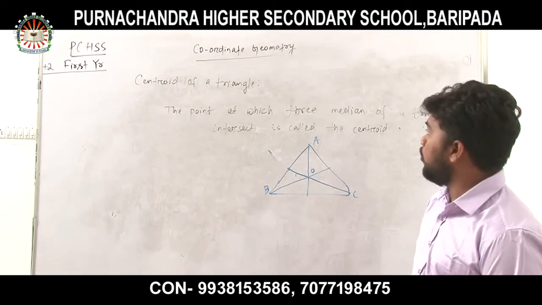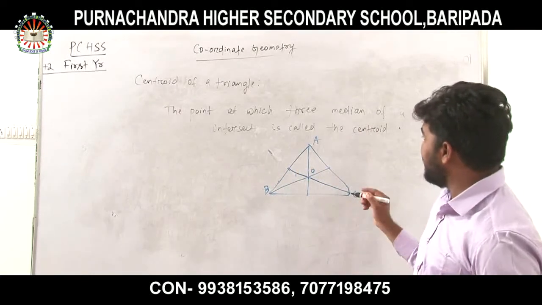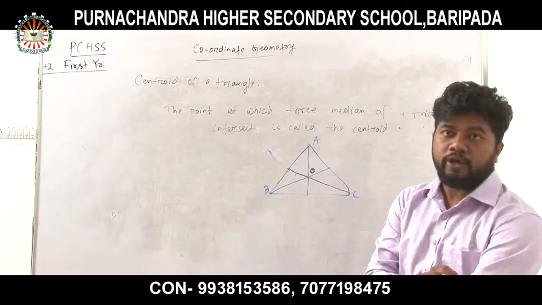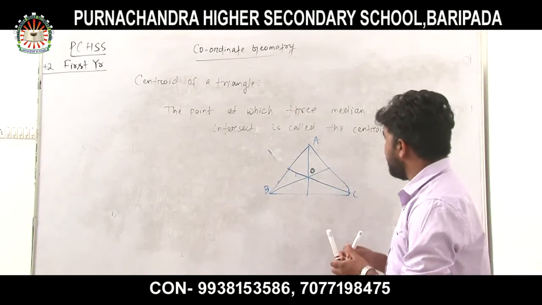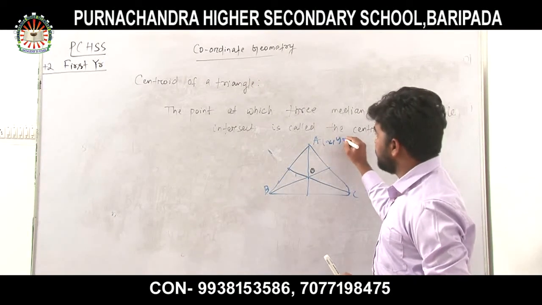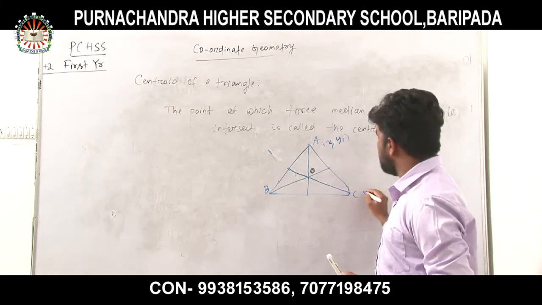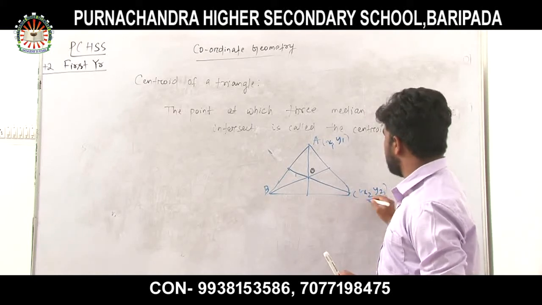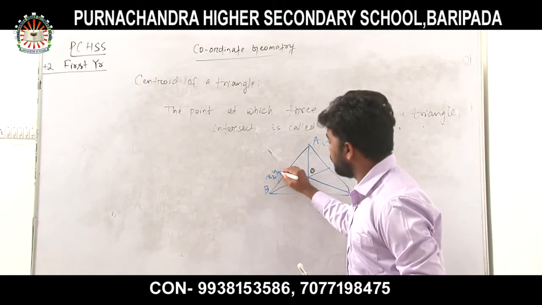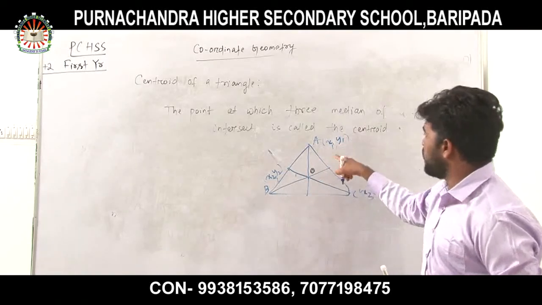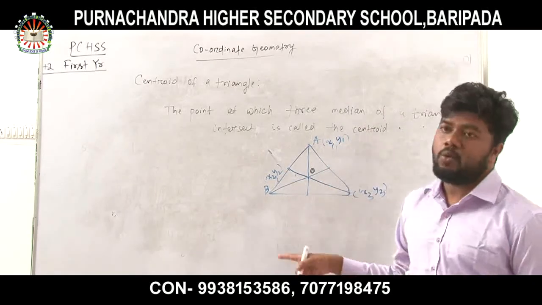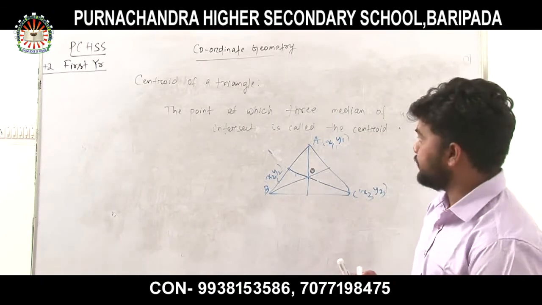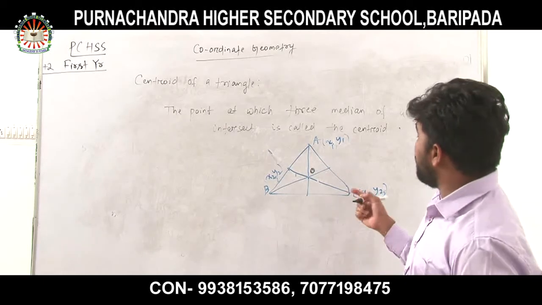The vertices are x1 y1, x2 y2, and x3 y3. We find the coordinates of O, the centroid.